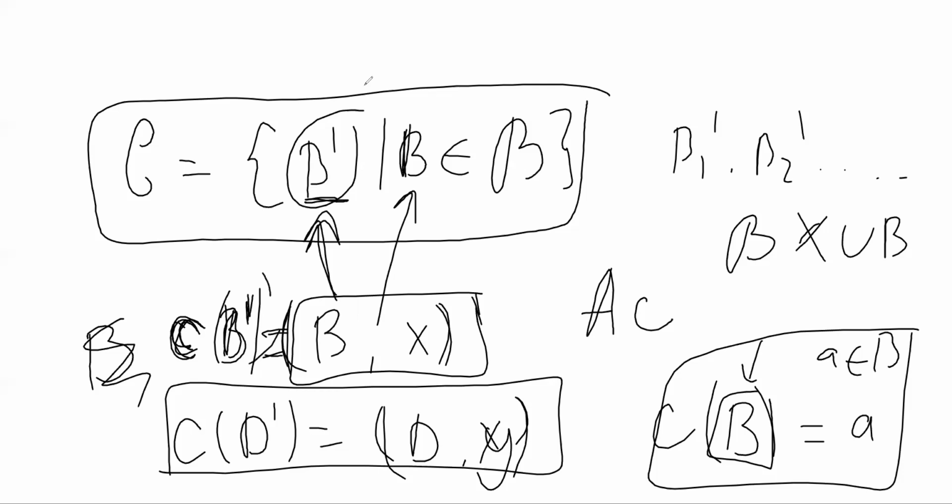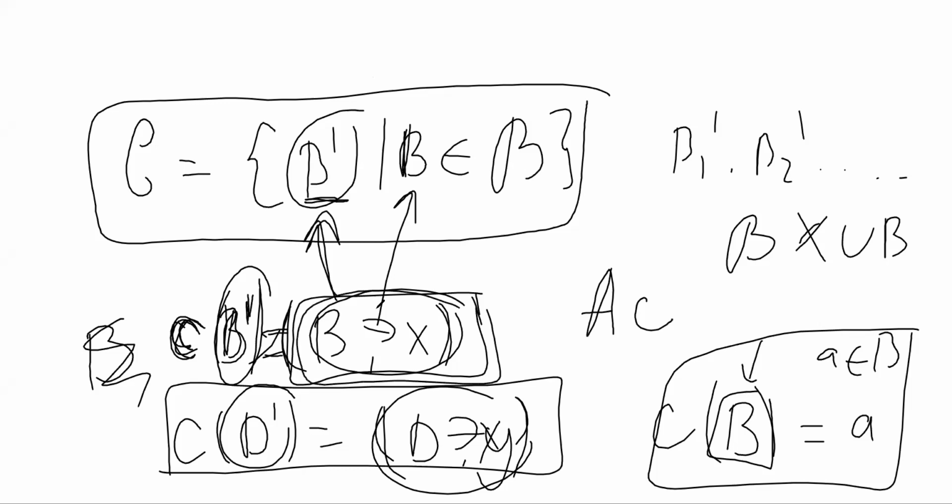So from each set B prime, we get an element of B prime. For set D prime, we get an element of D prime. Nice. And if you notice, X is an element of B, Y is an element of D. So, and because each time we get different sets, we have D prime, D prime, and so on. What can we do?